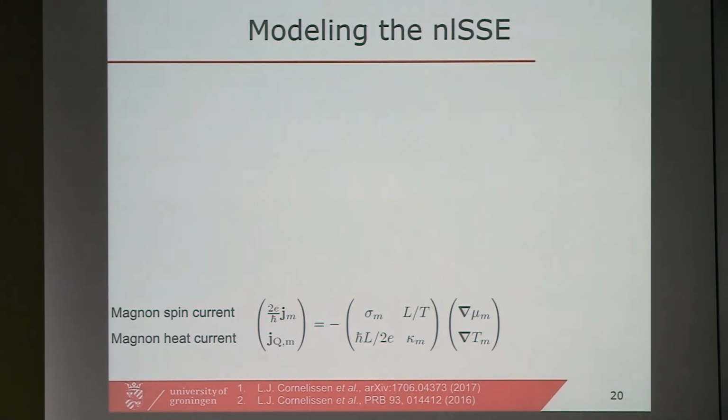The energy relaxation length for this parameter is on the order of 1 nanometer. So you can see we have the magnon spin conductivity here, which basically tells you how efficiently gradients in mu drive a spin current. And we have the heat conductivity, which tells you the same for the heat current. And then we have here the spin-Seebeck and the spin-Peltier terms in this equation.